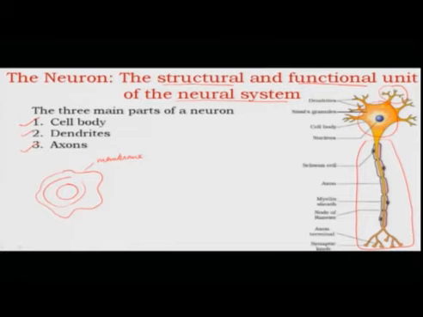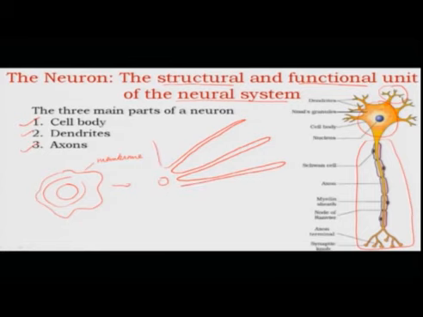For this, the cell has to take on a particular shape, and what the neuron does is it has very long extensions of the cytoplasm bound by the membrane. These are called processes. Some of these processes are not so long and they are called dendrites, and some of these processes are very long and functionally also different.